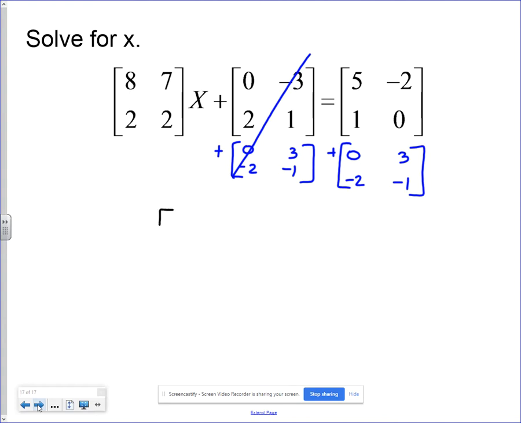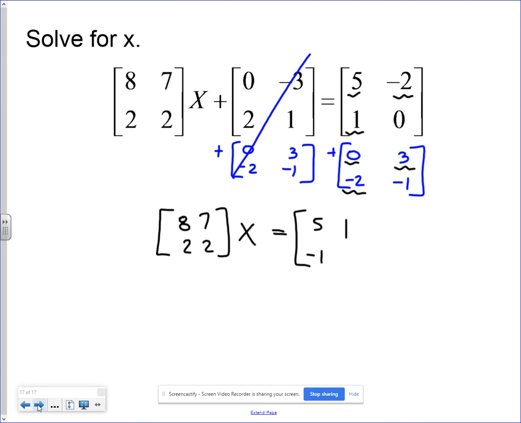We have 8, 7, 2, 2, x is equal to 5 plus 0, 5, negative 2 plus 3, 1, 1 plus negative 2, negative 1, and then 0 plus negative 1, negative 1. So now we need to find the multiplicative inverse of this matrix. This is like what you did yesterday. Find its inverse. So let's call this A.